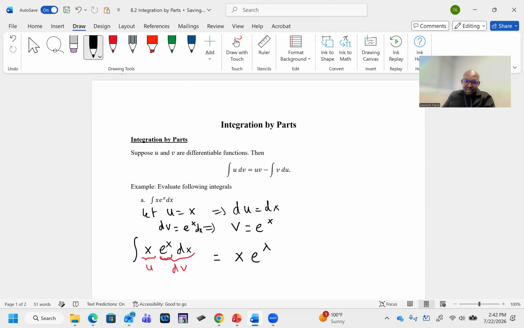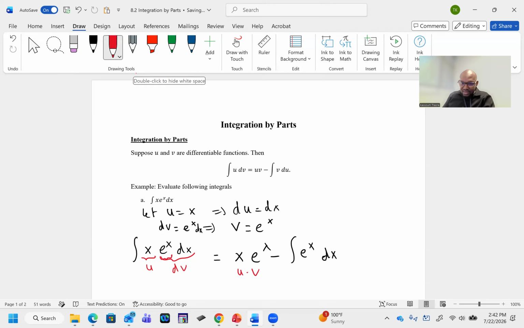So again, it will be equal to u times v, then minus the integral of v times du. v is what? e to the power of x. And du is what? dx. Do you understand?